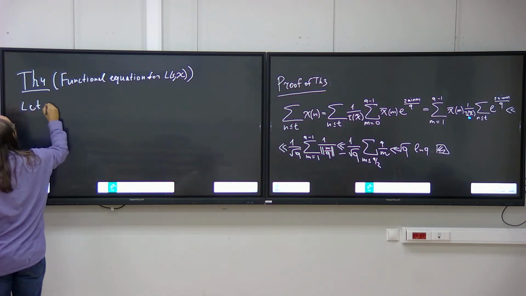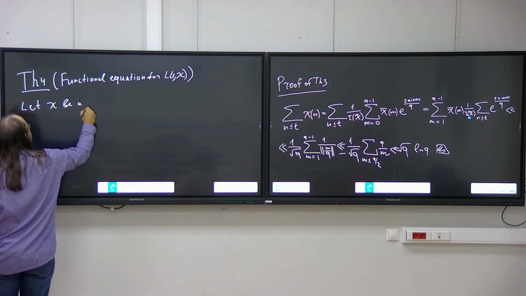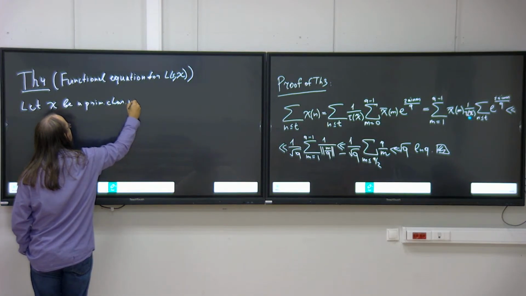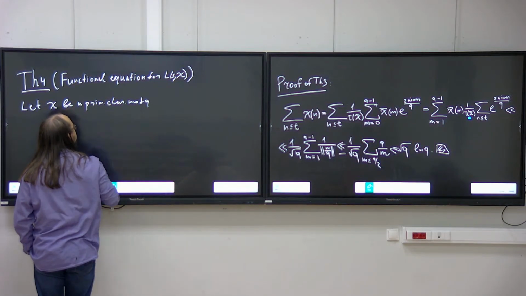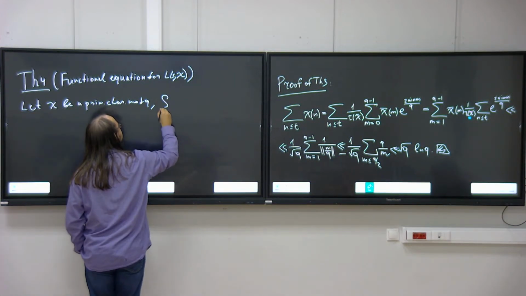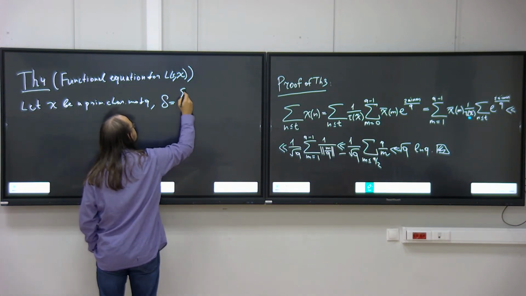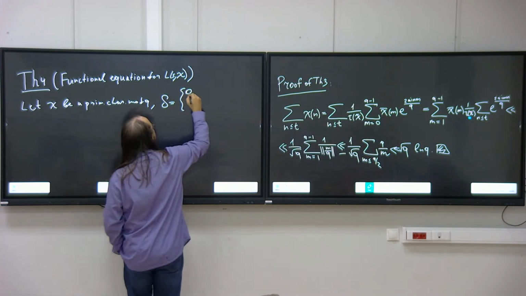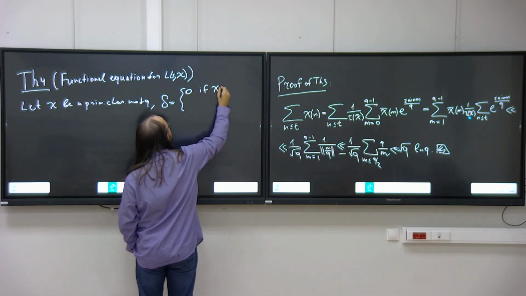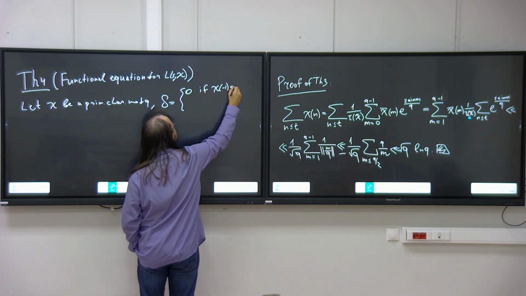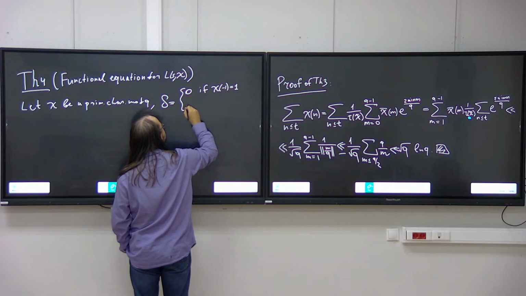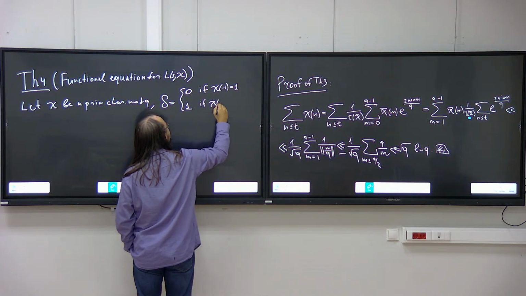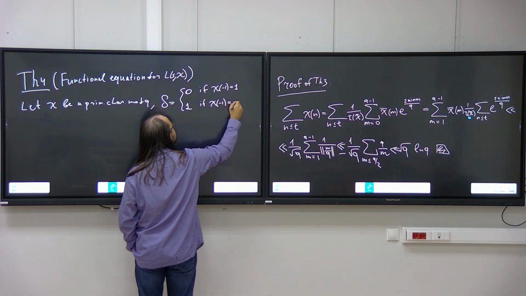Let chi be a primitive character modulo Q, and delta be equal to 0 if chi of minus 1 is equal to 1, and 1 if chi of minus 1 is equal to minus 1.